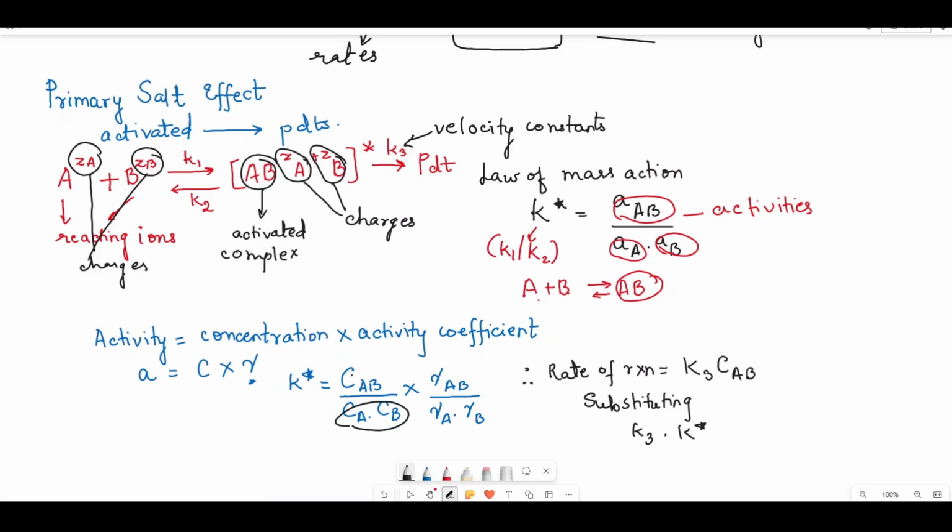This whole thing will be multiplied with this, and this whole thing will come on the lower side.